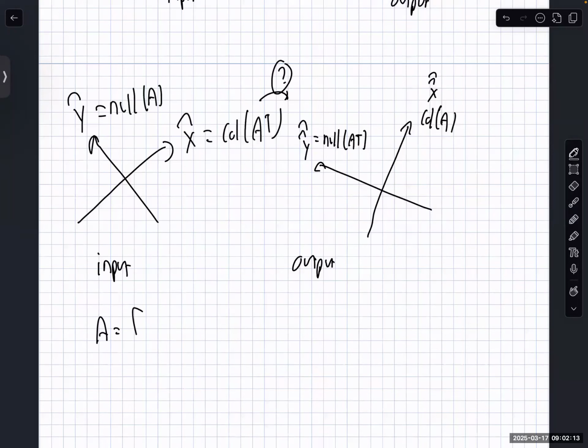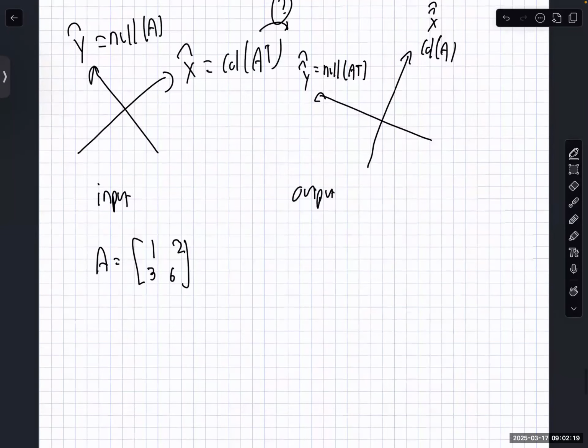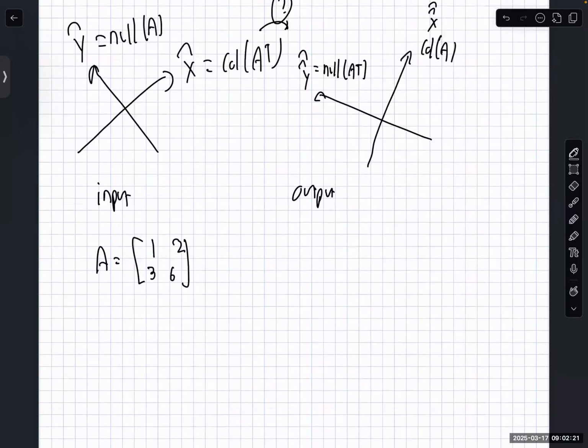Let's just put the pieces together. So we'll do it on the outside. So if I wanted to look at everything I could build out of the columns, you see that a basis is 1, 3.